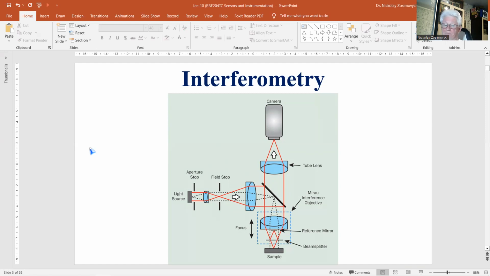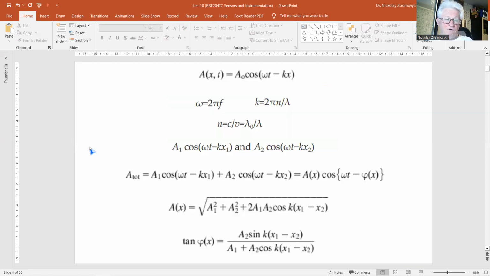If the wave amplitudes are not the same, the minimum intensity is not zero, and the interference effect becomes less pronounced. The waveform of monochrome light, like say light with just one wavelength, is described by this first equation at the top of this slide.